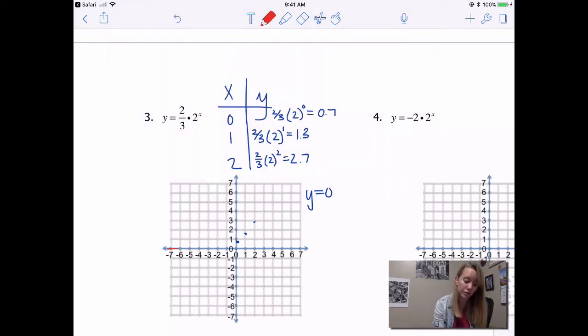So graph that. And then I want one of my sides of my graph to approach the asymptote, the other side to go away. So this side will approach, the other side I kind of connect the dots and keep going. Domain is all real numbers. Range is y greater than 0.